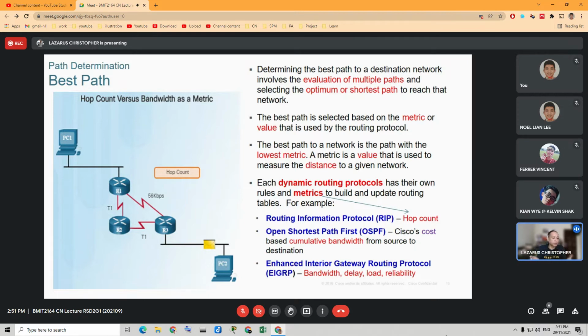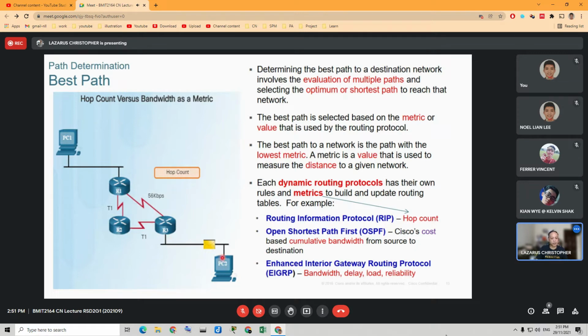When the topology starts to get like this, you want to provide redundancy or simply want to have an alternate path, then your router needs to make choices during forwarding, because both match, right?